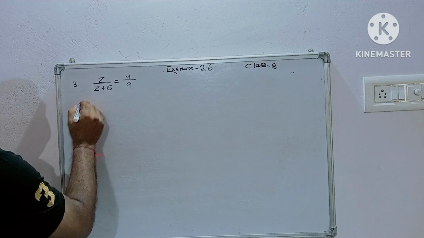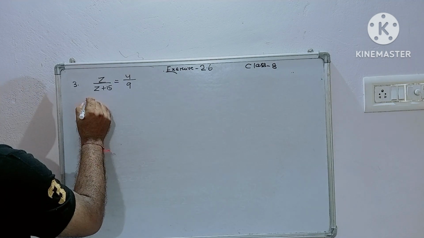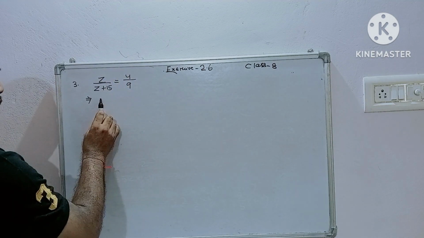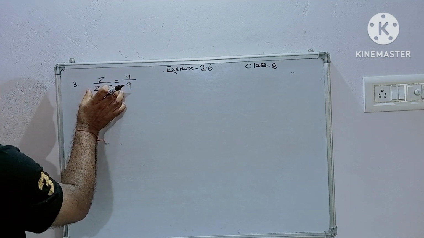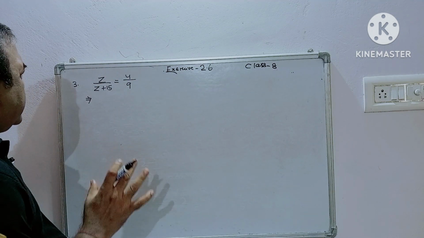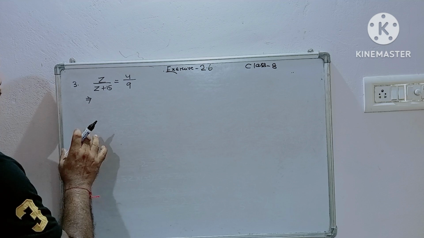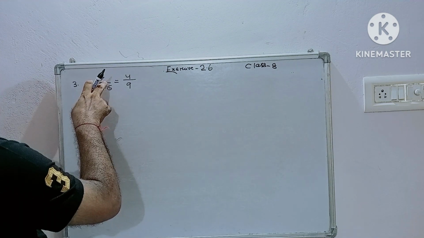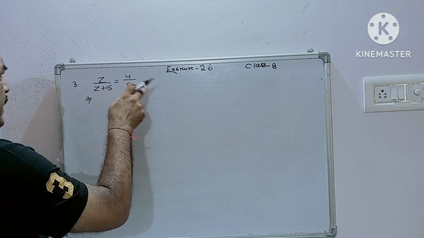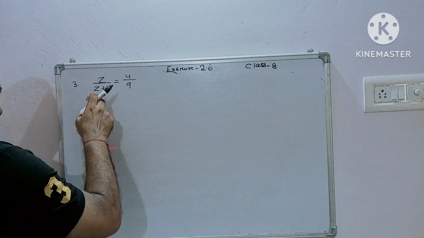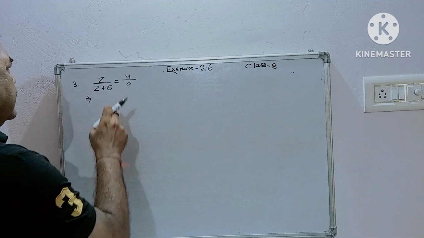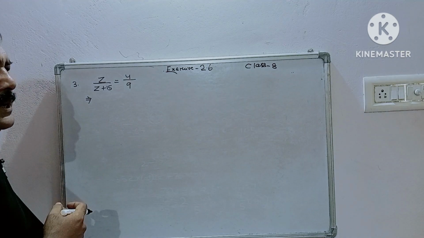So you see, first you will mark here whether you will write z into 9 first, or z plus 15 into 4 first. Either you may first write z into 9 equals (z plus 15) into 4, or you may start with (z plus 15) into 4 equals z into 9.